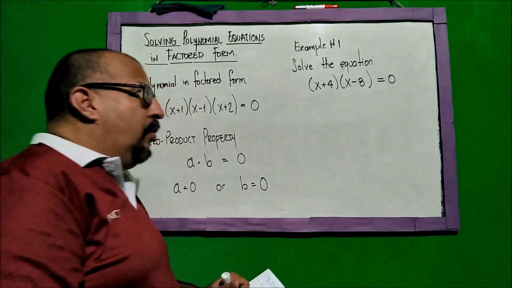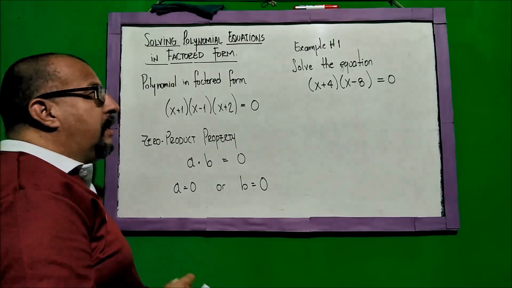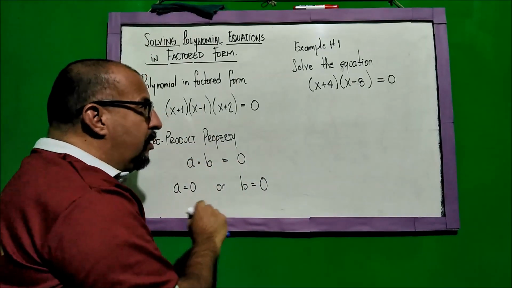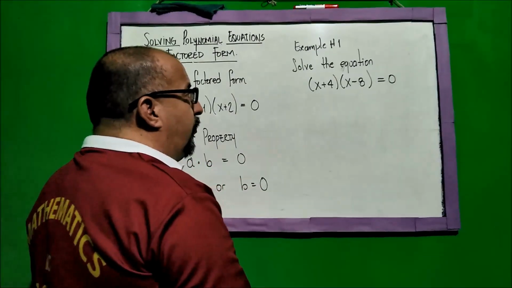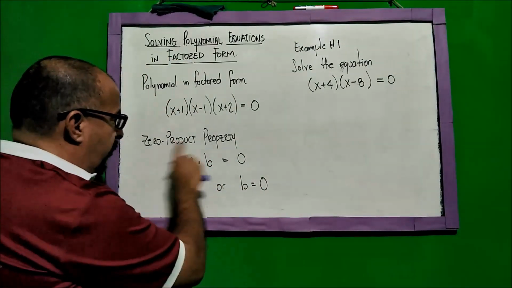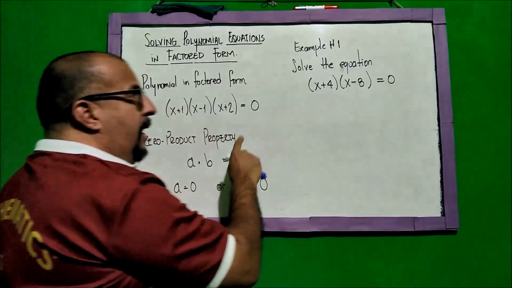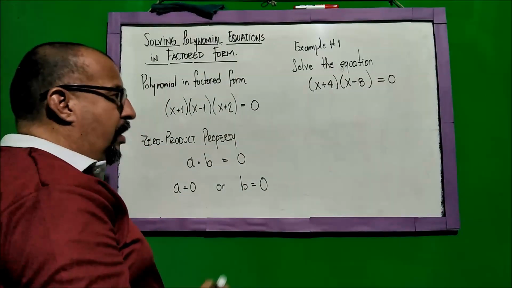Okay? So as we see, what we have in here is a polynomial that is written as the product of two factors. Since it is written like the product of two factors, then the zero product property allows me to separate these factors and make them equal to 0, each one of them.